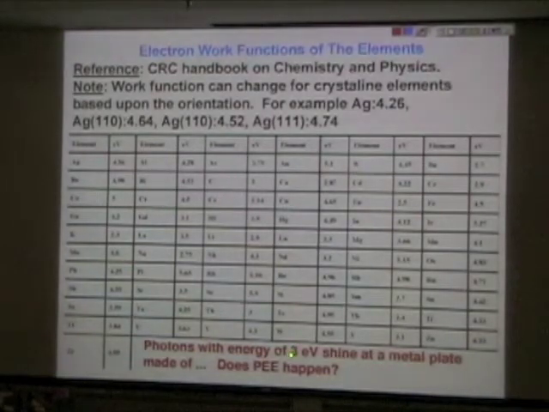So if you use this light and you shine it at, let's say, lead, what's going to be happening? Are you going to be seeing electrons ejected off lead or not? The work function for this element is 4.25.